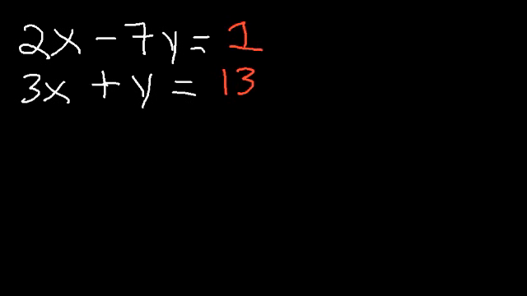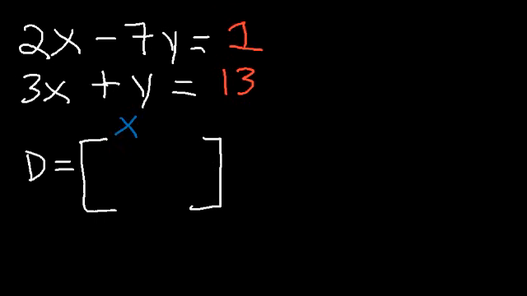So let's calculate the determinant first, which is going to be the coefficients of x and y. On the left, we're going to put the coefficients for x, and on the right, the coefficients for y. So it's 2, 3, negative 7, 1. There's an invisible 1 that you don't see here if it's simply y.